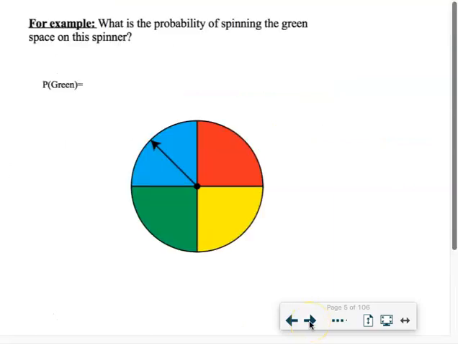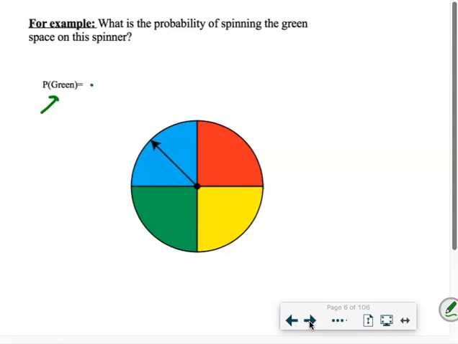For example, what is the probability of spinning the green space on this spinner? They want the probability that we land on the green space. Just pay attention to this format here. P stands for probability, and then in parentheses we write the thing that we want to have happen.